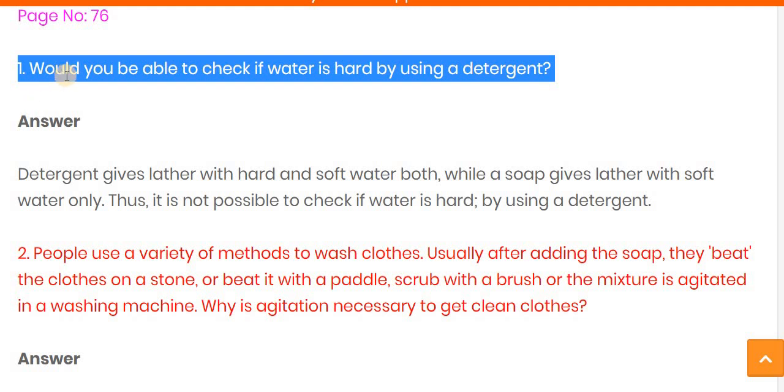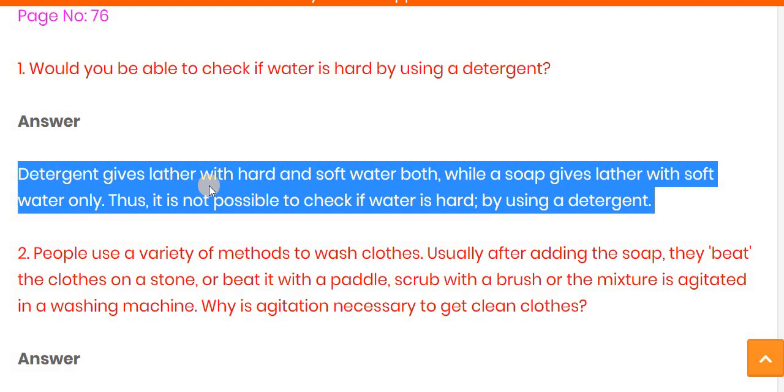So the question is, would you be able to check if water is hard by using a detergent? The answer is: detergent gives a lather with hard and soft water both, while soap gives lather with soft water only.